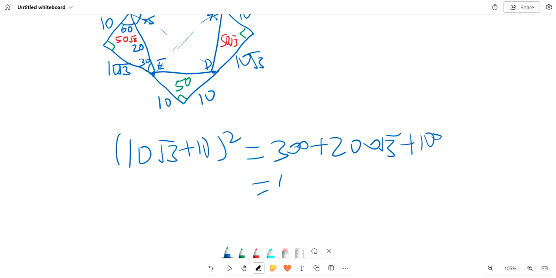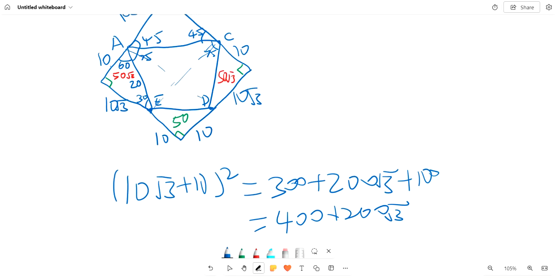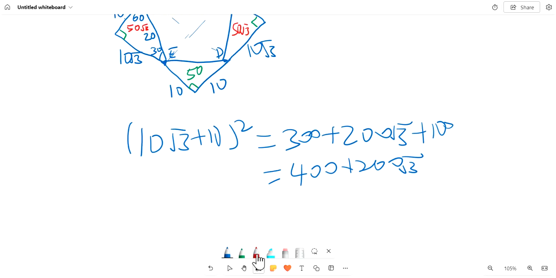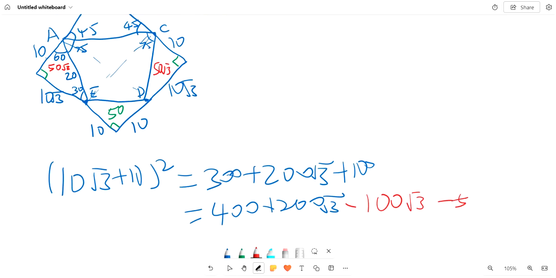And this equals 400 plus 200 root 3. And now we subtract all these sides, and we subtract 100 root 3. And then we subtract 50. And we get 350 plus 100 root 3.